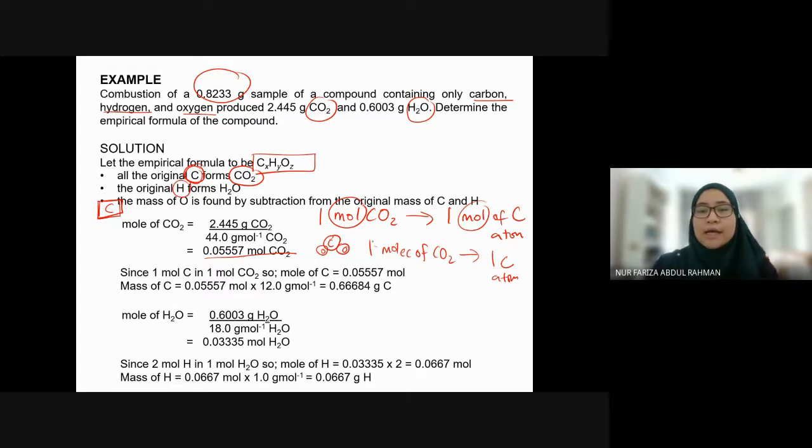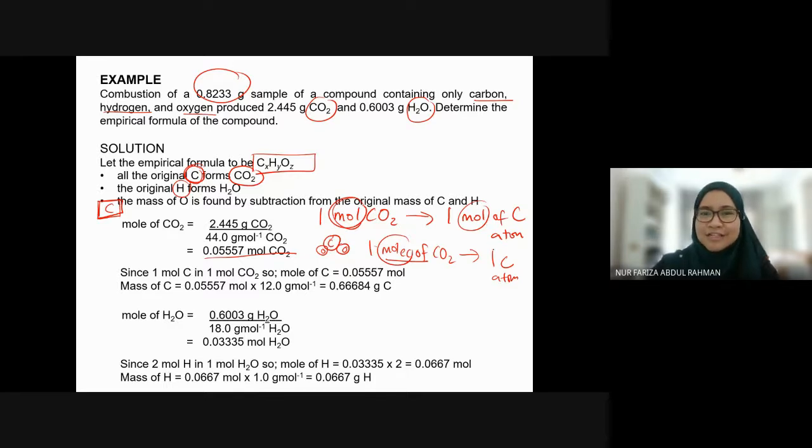So to correlate the molecule with mole. Mole maksudnya in the penjodoh bilangan lah. Mole is not the same as molecule. Mole is the penjodoh bilangan. Molecule is the entities, the entities itself. For 1 mole of CO2, by right, it should be 1 mole of carbon atom. Janganlah 1 mole of CO2 molecule, there is 1 carbon atom.